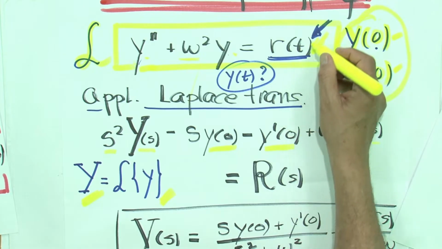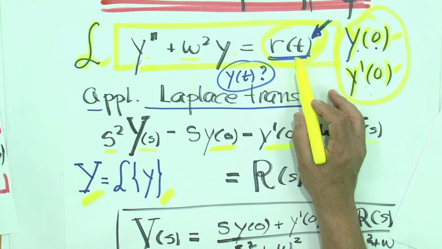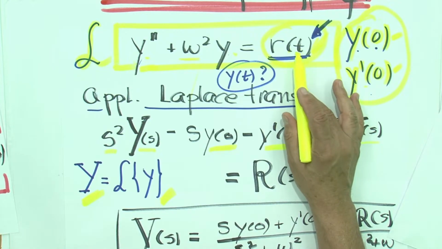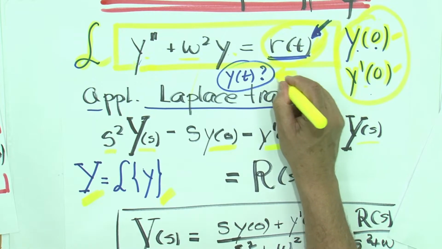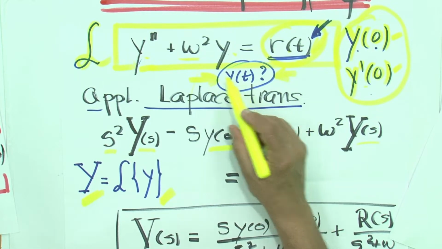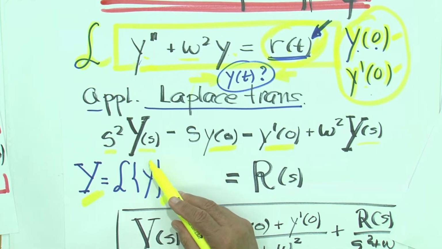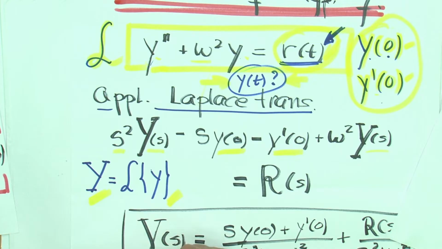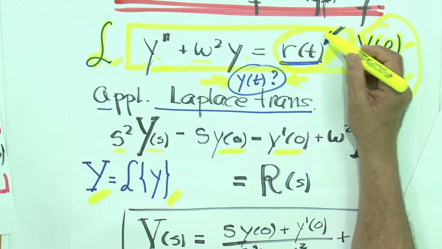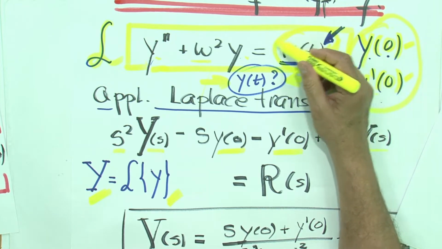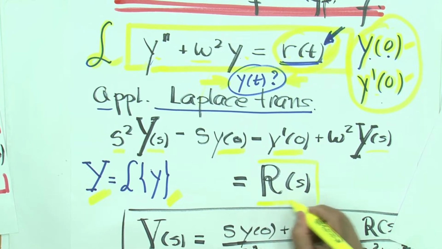And this is equal to the Laplace transform of this function, which is important, but is a well-known function. The question mark here is y. We are trying to determine the small y function. And capital Y of s is the Laplace transform. And the Laplace transform of this function R of t is what we're going to call capital R of s.